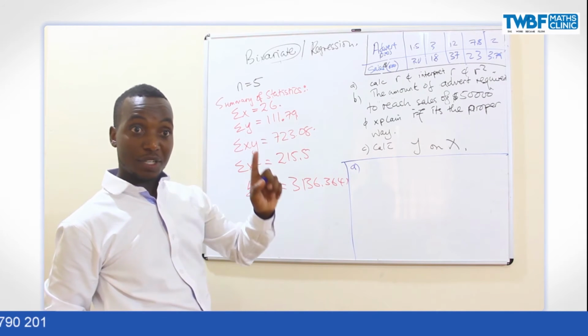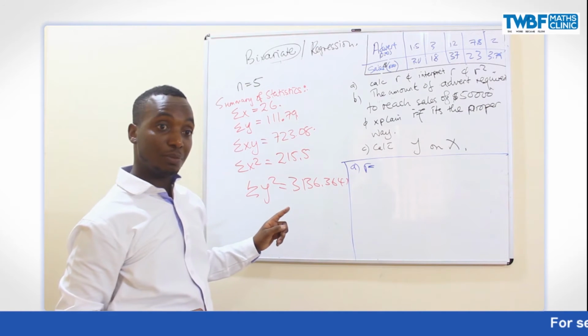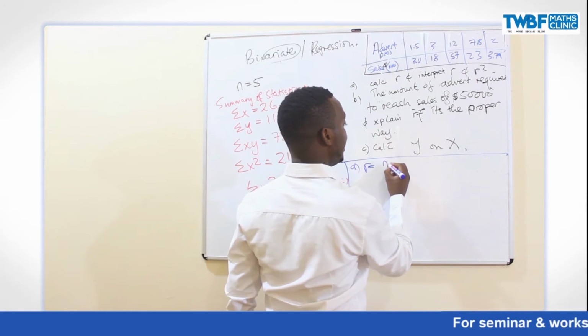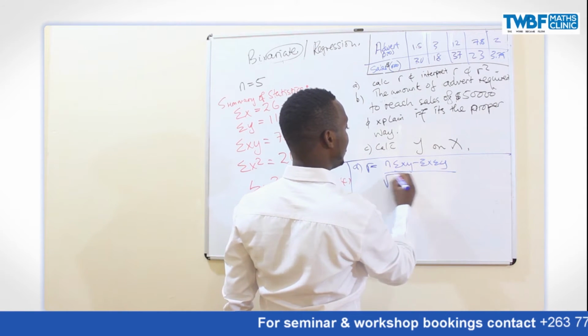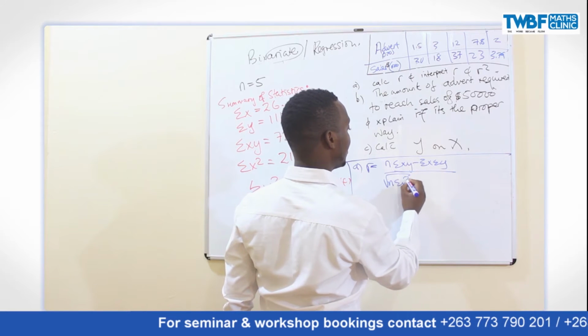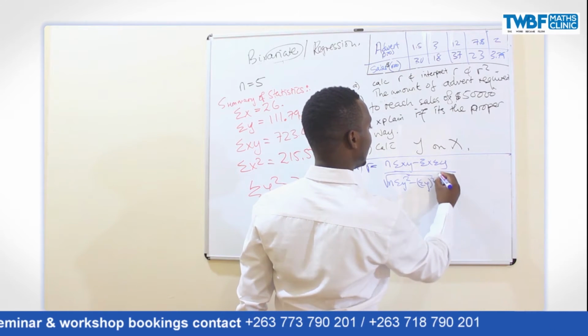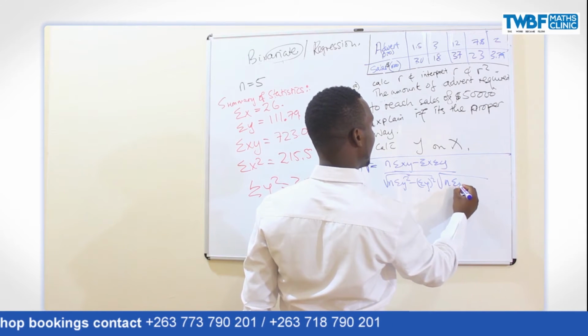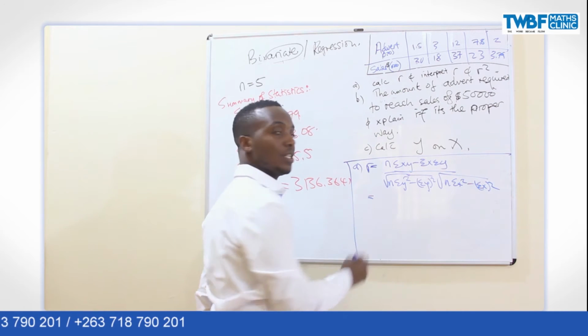Calculate r and interpret it. We said r talks of the relationship. It is n summation of xy minus summation of x times summation of y, all over the square root of n summation of x squared minus (summation of x) squared, times n summation of y squared minus (summation of y) squared.